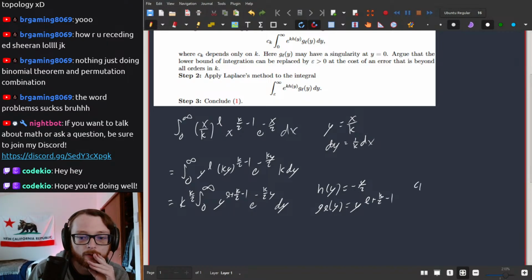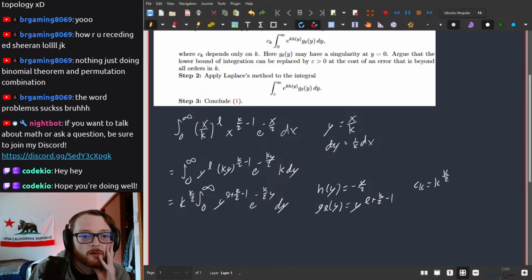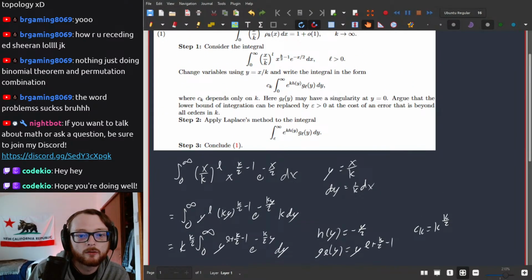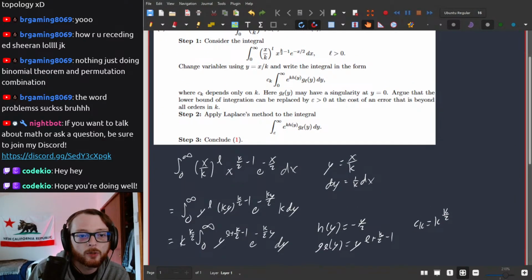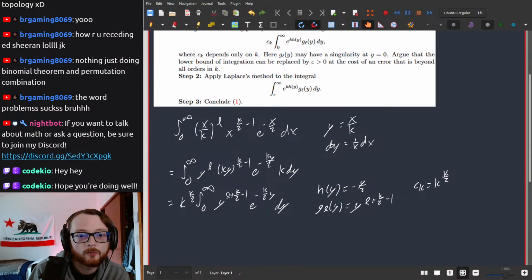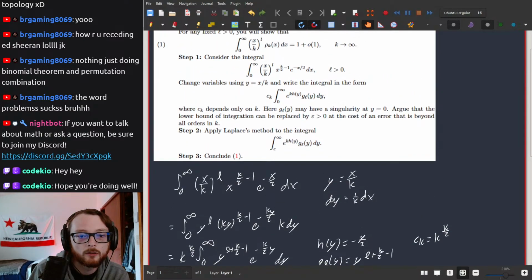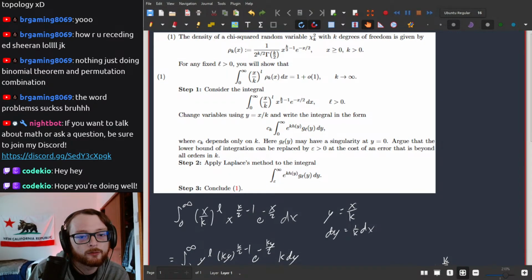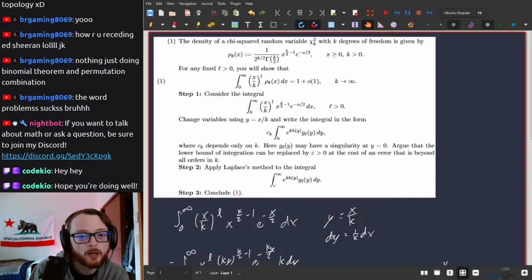And I don't think we'll need it yet, but c sub k is k to the k over 2. Okay. So the only other part for step 1: g sub l of y may have a singularity at y equals 0, because L is just an arbitrary positive real number.